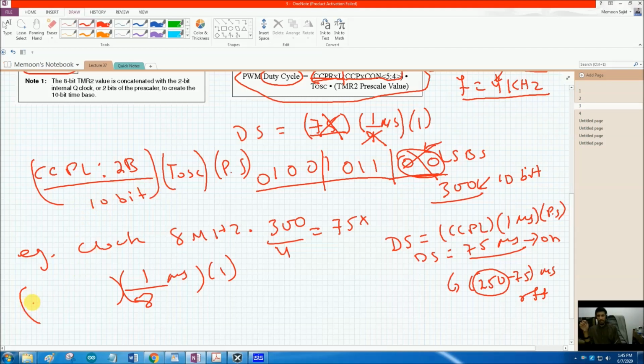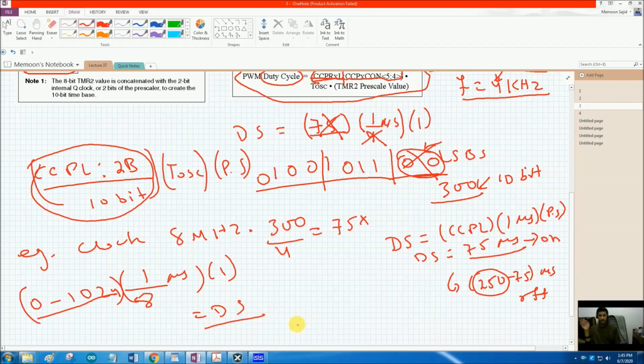That 10-bit value can range from 0 to 1024. Any value from 0 to 1024 can be put in instead of this value, and then we have to calculate our duty cycle, convert this value into binary, and then separately load the CCPRxL with the higher 8 bits and CCPxCON bits 4 and 5 with the lower 2 bits.